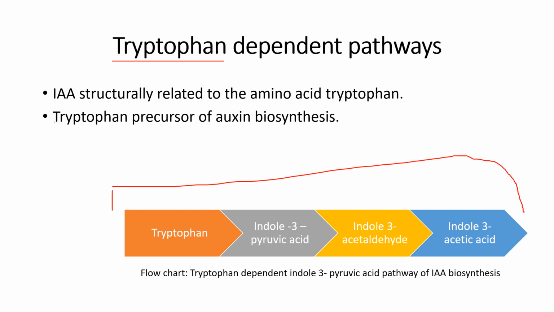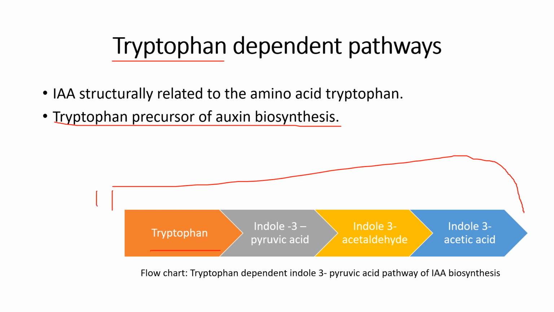So tryptophan is the precursor of auxin biosynthesis, and the whole process of conversion of tryptophan to IAA through this pathway basically involves deamination of tryptophan, decarboxylation of indole 3 pyruvic acid, and oxidation of indole 3 acetaldehyde. These are all the things that have been discussed here.